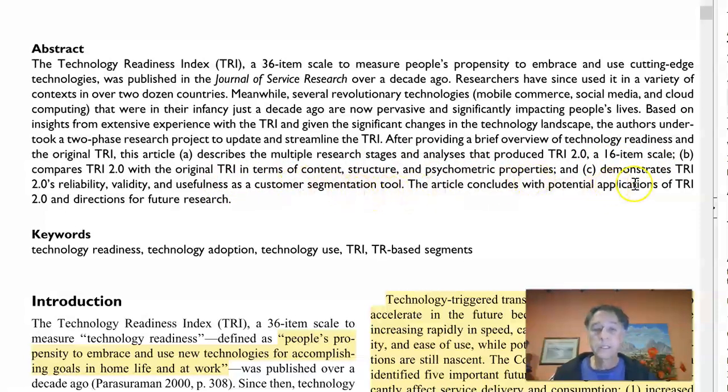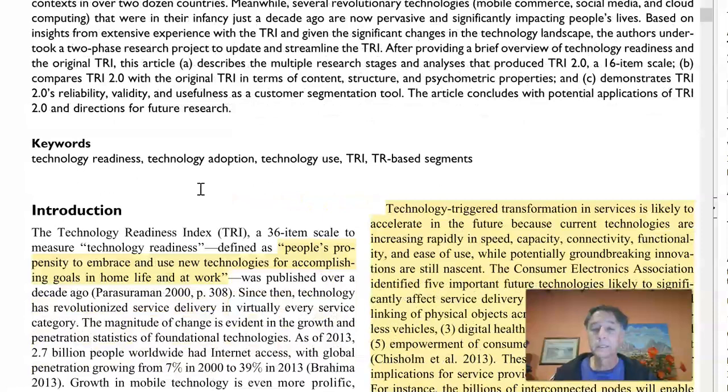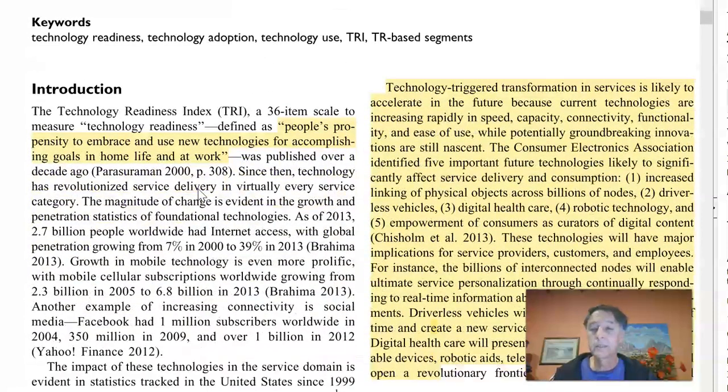So this article demonstrates the TRI's reliability, validity, and usefulness as a customer segmentation tool. Right, so then the article is about this whole validation.